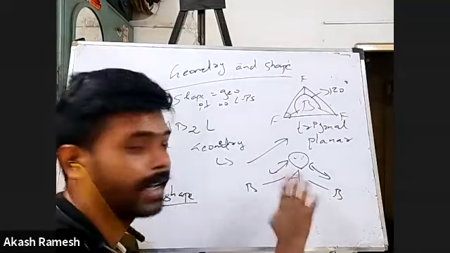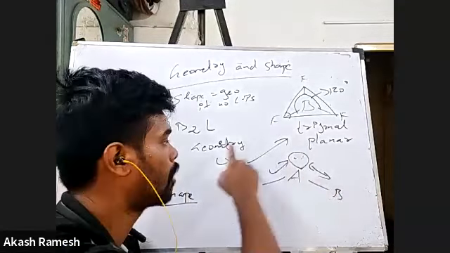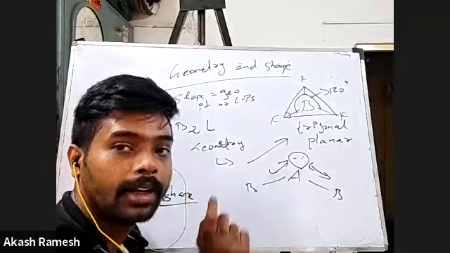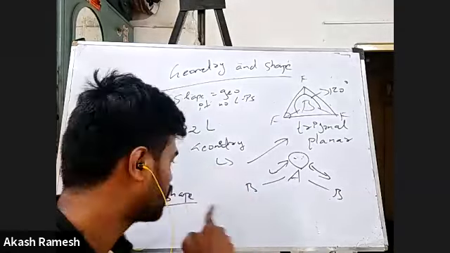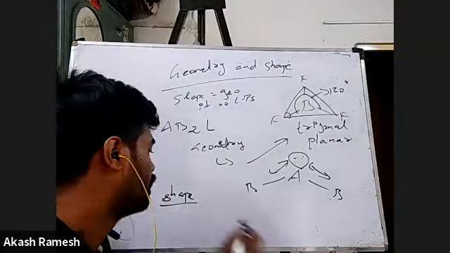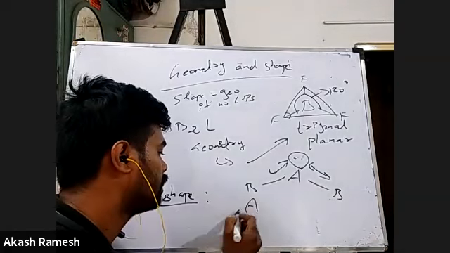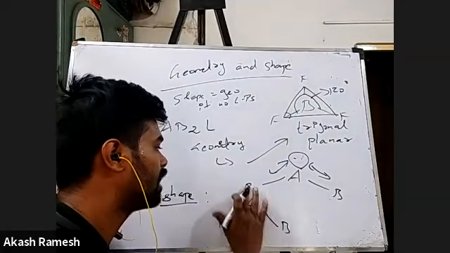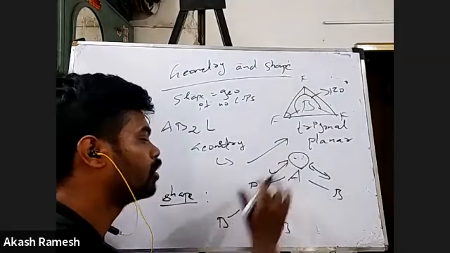So the geometry is basically going to be trigonal planar, but the shape is not going to be trigonal planar. In shape, you don't include the lone pair.